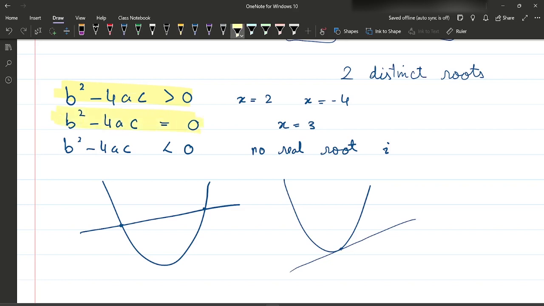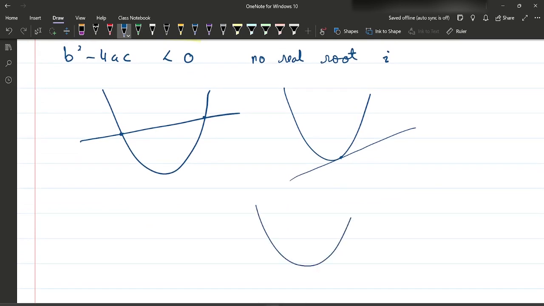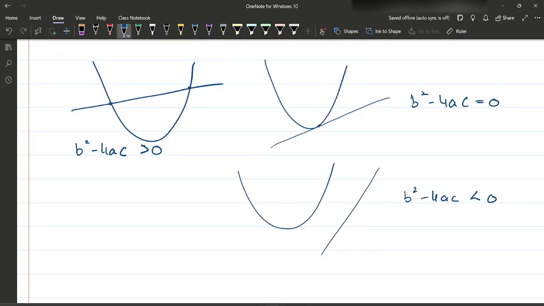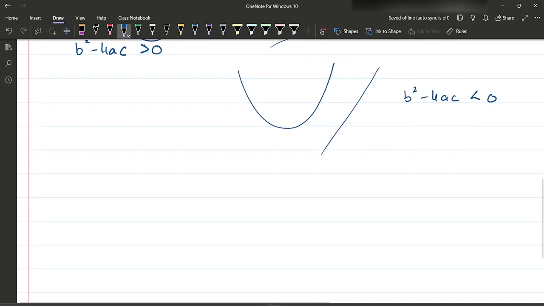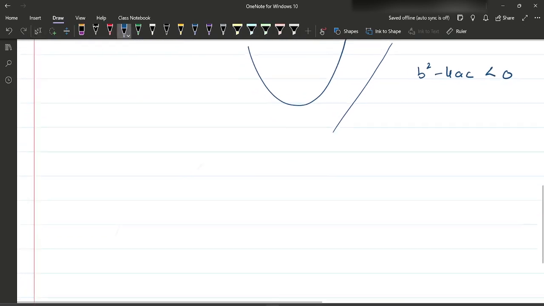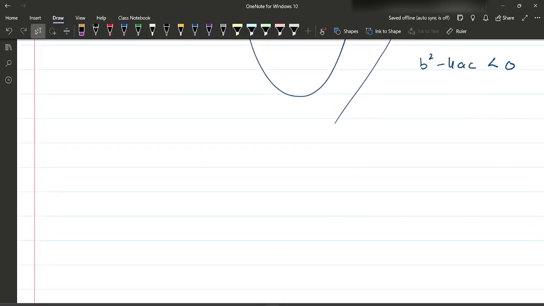And if the line does not intersect, or we need to find out if the line intersects or not, we have to use this. So you should try to remember these because this is very important. Okay, so let's take an example. What I'm really saying is that you're going to see a question that's something like this.